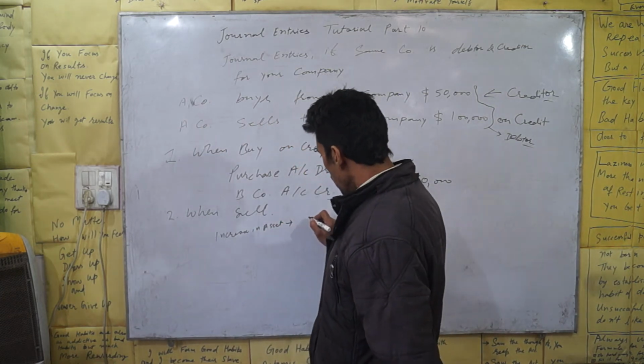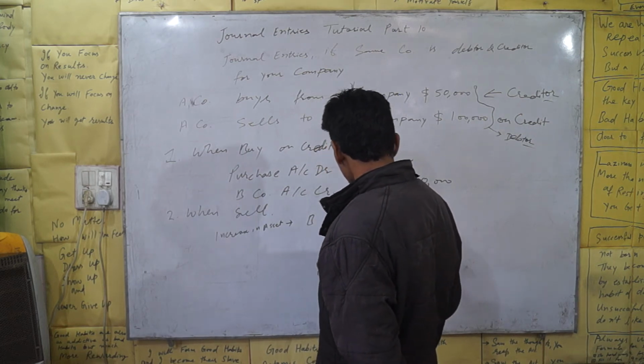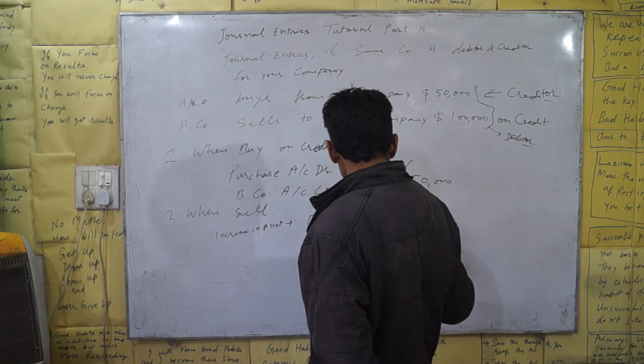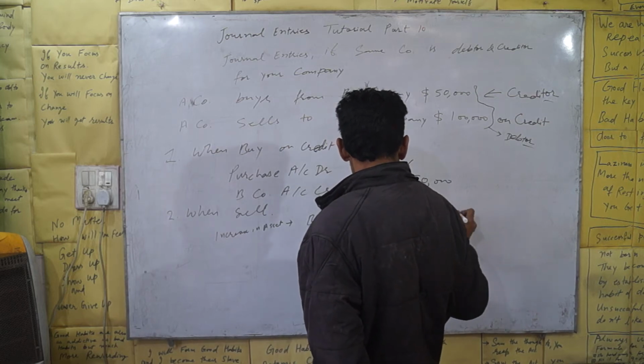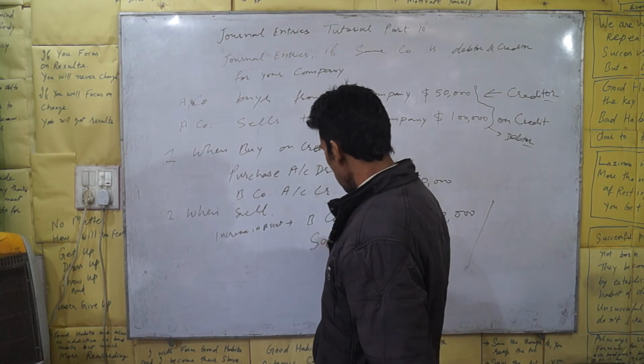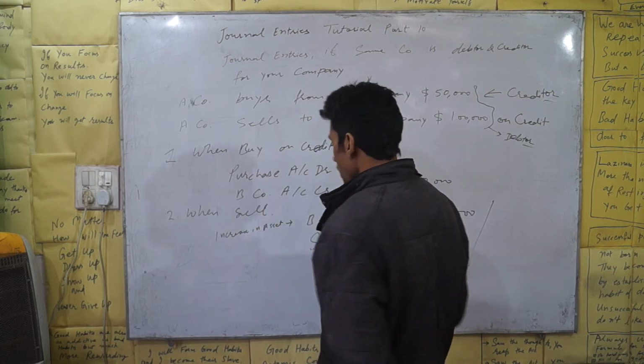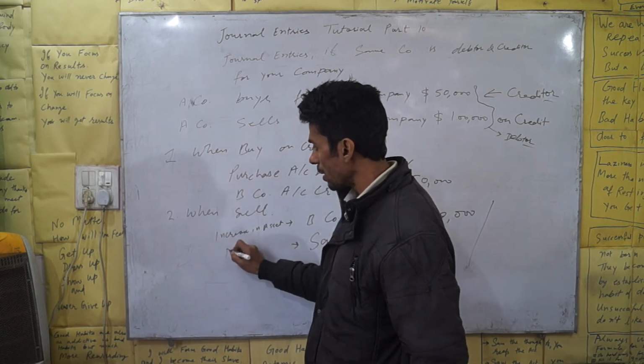So B company account debit with 1 lakh and sale account credit, means decrease in the asset.